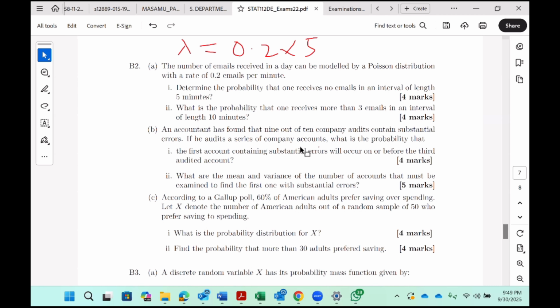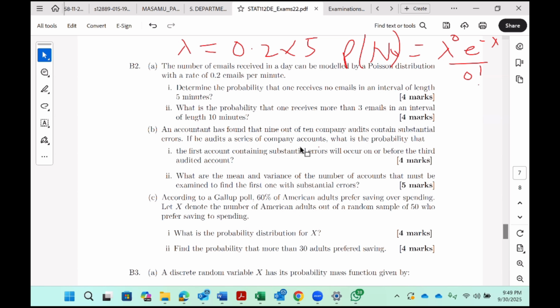So your probability of no email will be equal to lambda, which is 0.2 times 5, so lambda to the power 0, e to the minus lambda over 0 factorial. Your lambda is 0.2 times 5. And 0 factorial equals 1. So 1 times e to the power minus 0.2 times 5 over 1. So that will give us the answer.